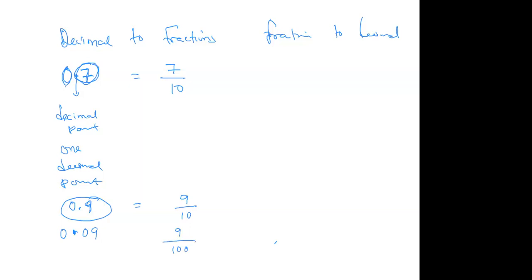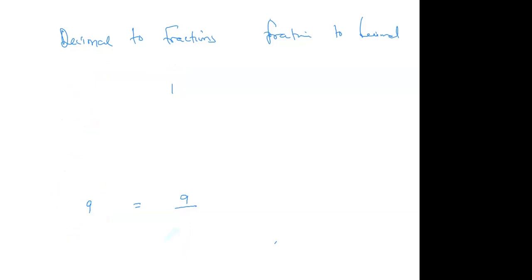Another one: if you have 0.23 and they ask you to convert it to a fraction, that gives you 23/100, because it's 2 decimal points. If it's 0.123, that gives you 123 divided by 1,000.